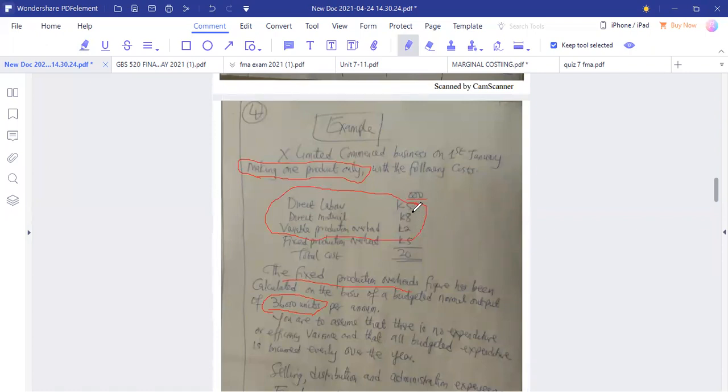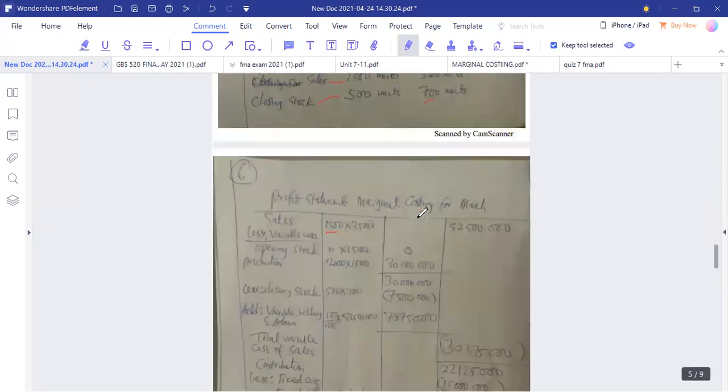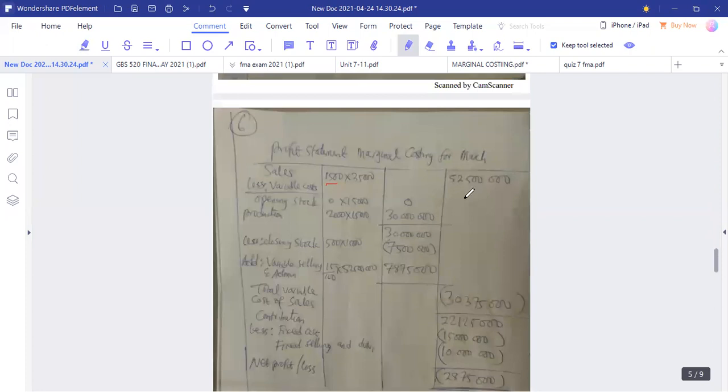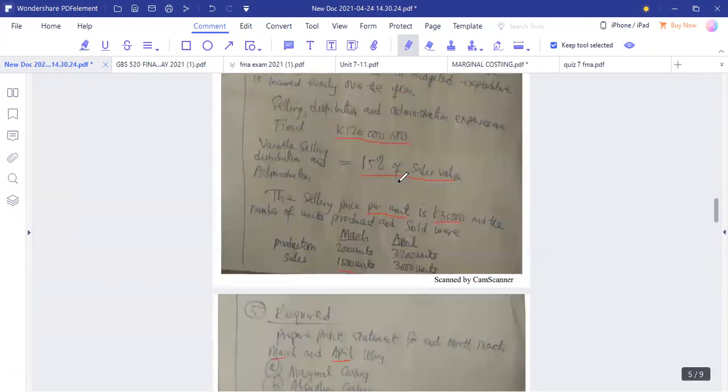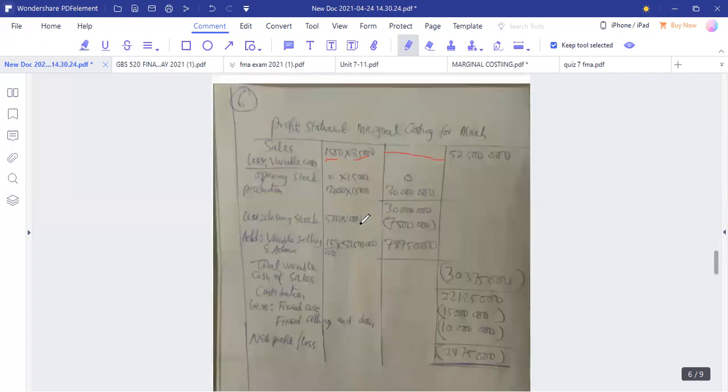So that's why the 15,000 is there. All right. So we come through here, we compute, we are getting the sales there, the selling price, and the opening stock for the month from the information that has been given here. The opening stock for March was not there.